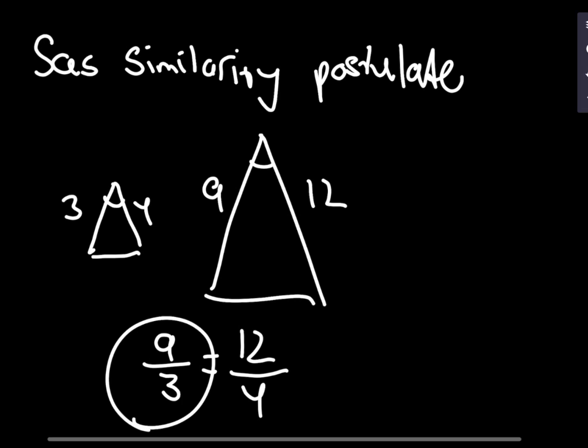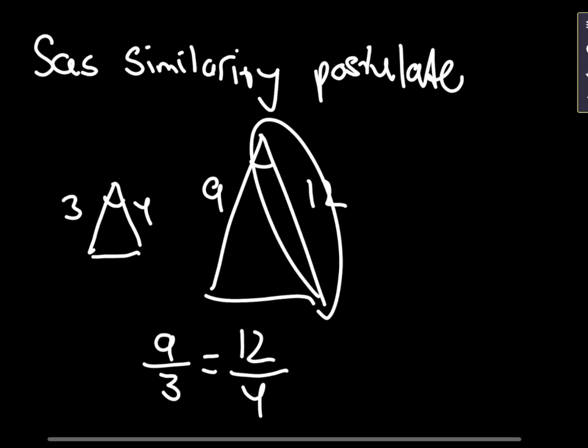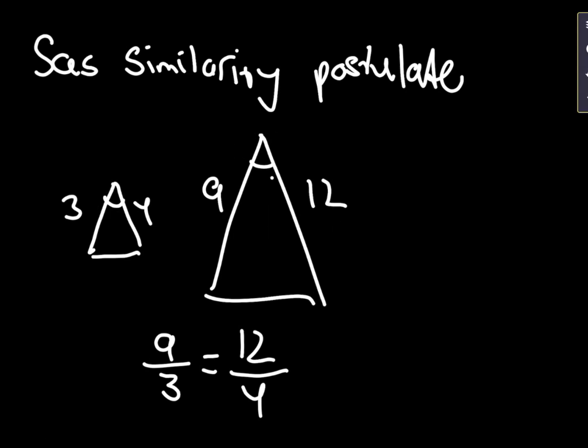So if the scale factors of the triangles are equal, and the angle in between, which we call the included angle, the angle formed by these two sides, is also congruent, well, these triangles are similar, okay?